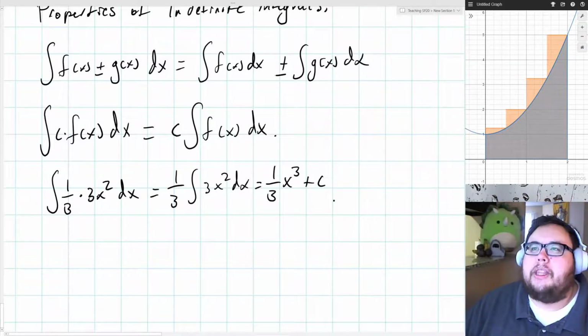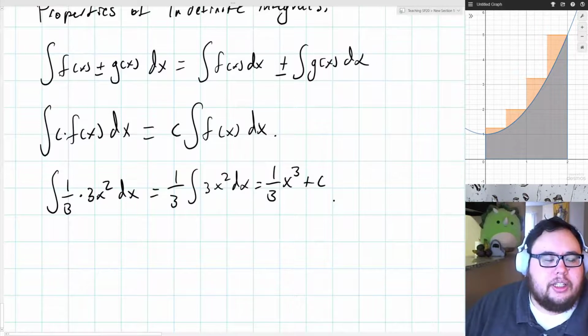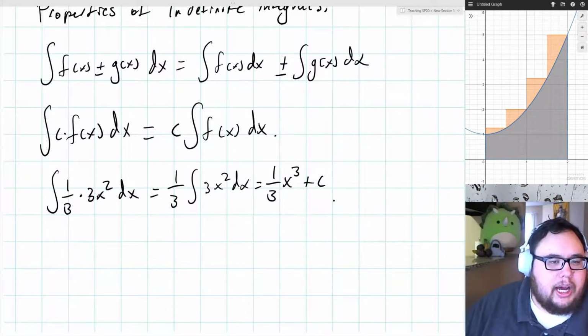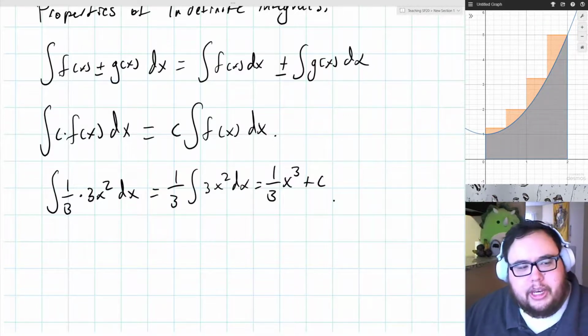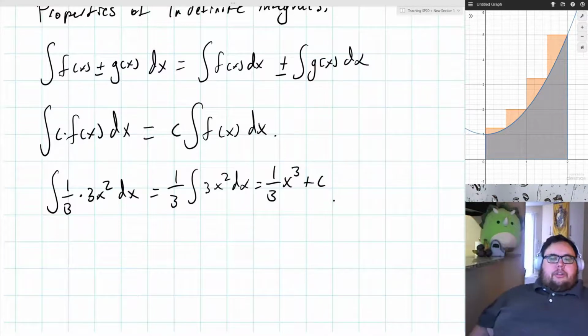Technically, we also have to multiply the constant by 1/3, but it was already a constant. If you take some number like pi and you multiply it by 1/3, it becomes pi over 3, which is still just a number, right? So we can absorb that into the constant without any troubles. Question?